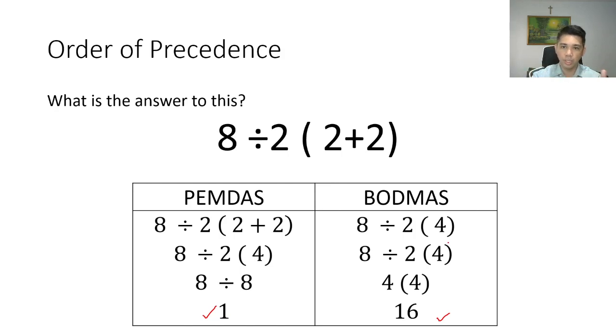If you go to a country using BODMAS, the correct answer there would be 16. If you are staying here in the Philippines, the answer will definitely become 1. It all depends on your, what do you call that in research, your theoretical framework.